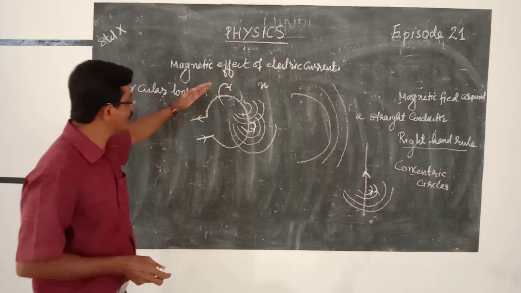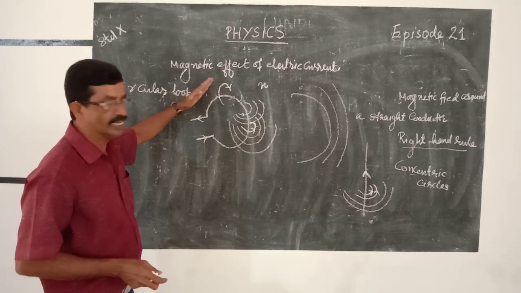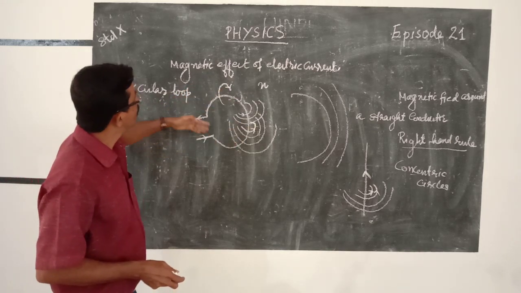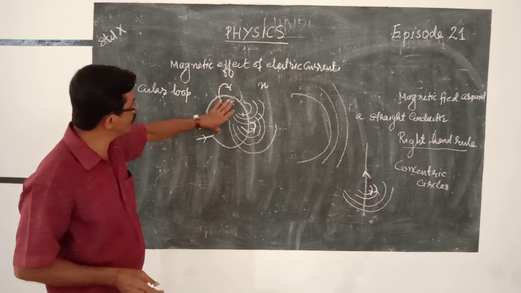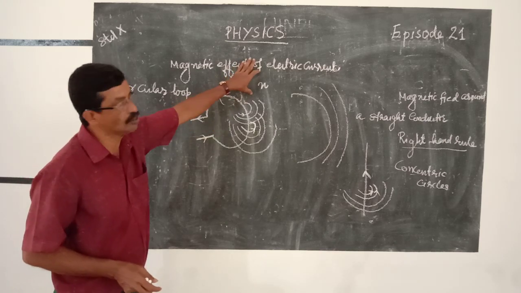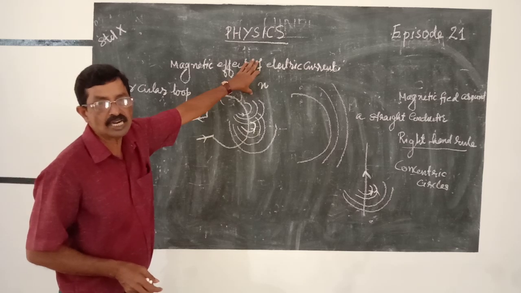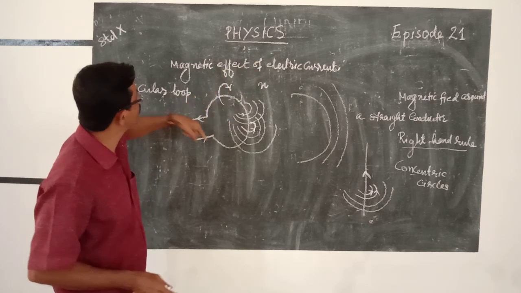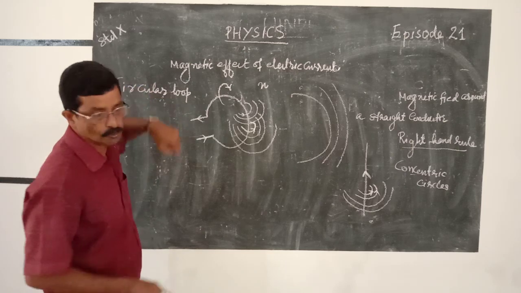Hence, if there are n turns, the magnetic field produced by this circular loop becomes n times that of a single coil or single loop.